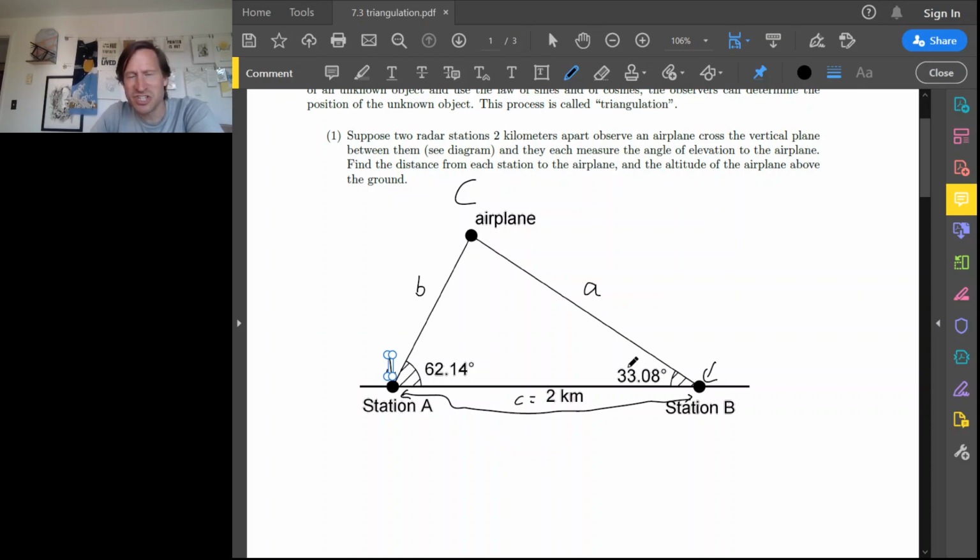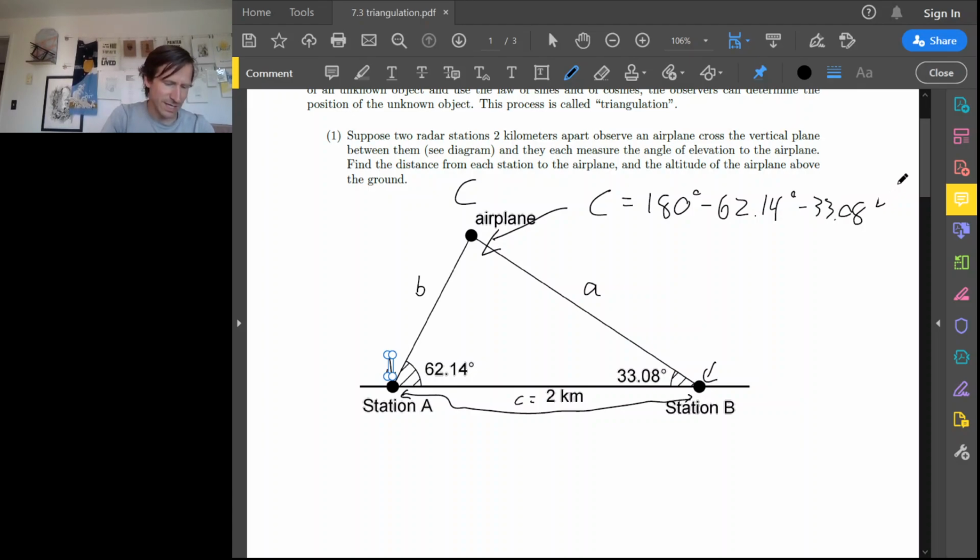And so essentially we just have a triangle solving problem here. We know 2 of the angles already, so we can find the 3rd angle because the sum of angles has to be 180. So C is 180 degrees minus 62.14 degrees minus 33.08 degrees.